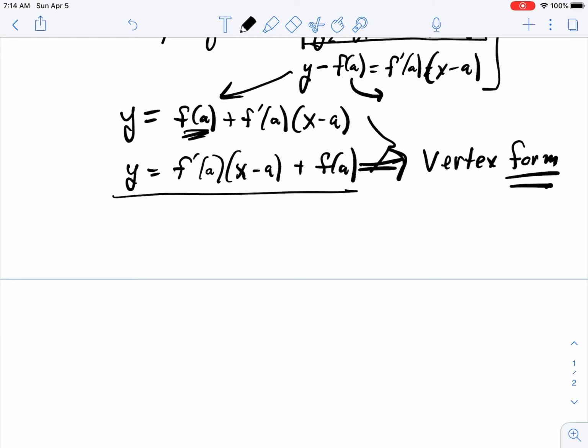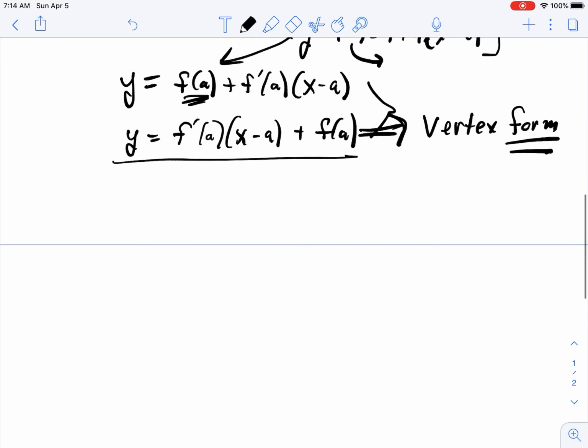So if I keep taking this piece here, the next part would be, say, a Taylor series. Going back to this one here.